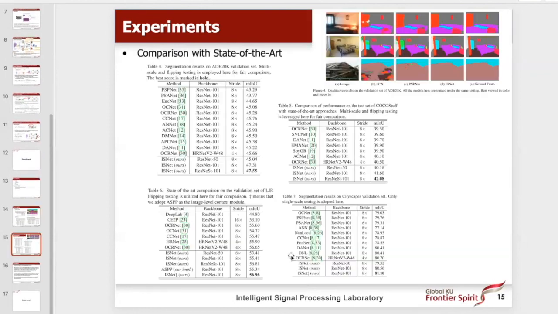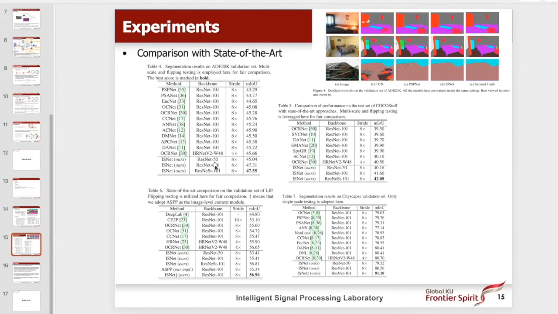Let's come to the experiment results when comparing with the state of the art. The first one is the result on the ADE20K validation set. We can see that even when we use the ResNet-50, which is not as strong as the ResNet-101, it can achieve better performance than these first three methods.